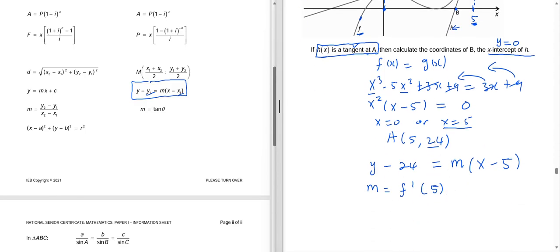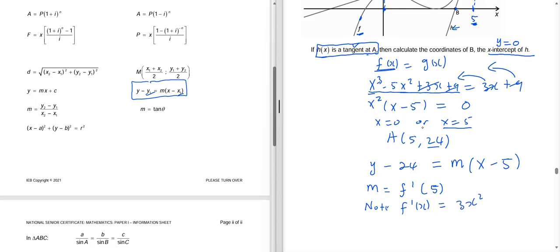And then here we can say f prime of x is going to be, so let's differentiate f of x, because f of x is the left hand side, which is this one. So we will drop down the 3, we get 3x squared.